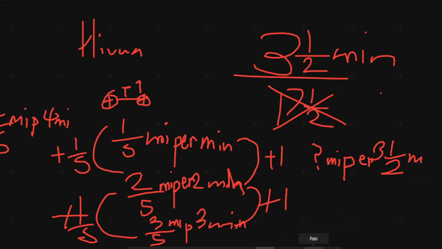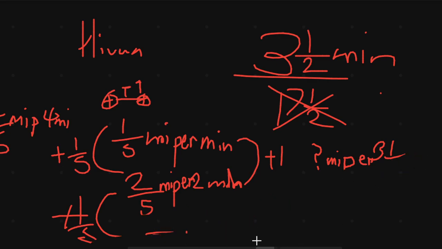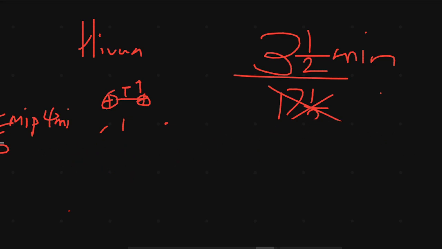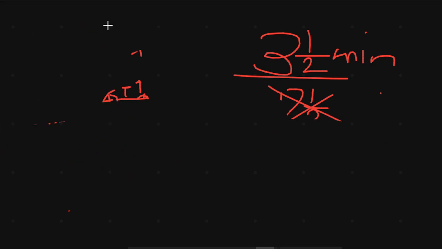Let me erase this. There's no clear board option. Alright, I'll stick with the red. So, division on this problem. Let's set up what we had. 1/5 of a mile per minute.